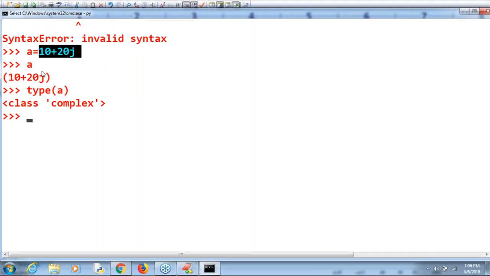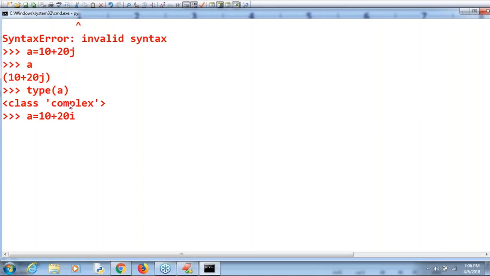This is the way to represent a plus bj. Next, suppose a is equal to 10 plus 20 followed by some other letter. Is the j fixed, or can I take any other? Is it valid or invalid?